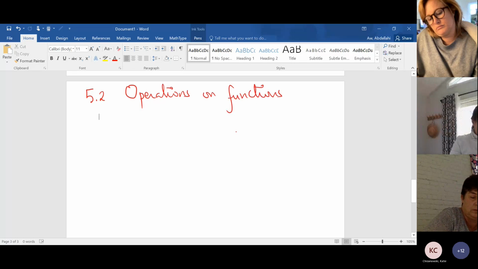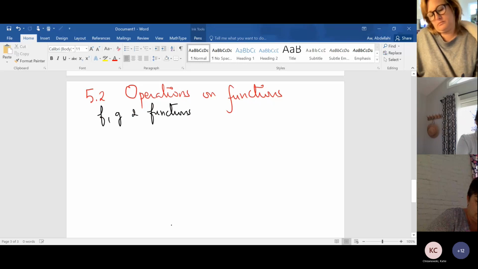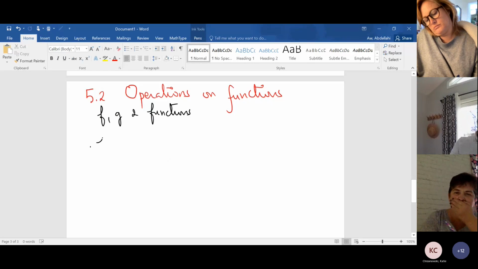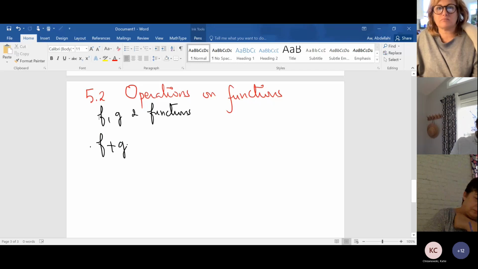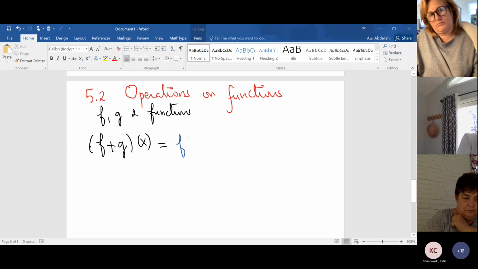So, for instance, f and g are two functions, right? Here we have f plus g of x. That is a sum. f plus g of x is equal to f of x plus g of x.